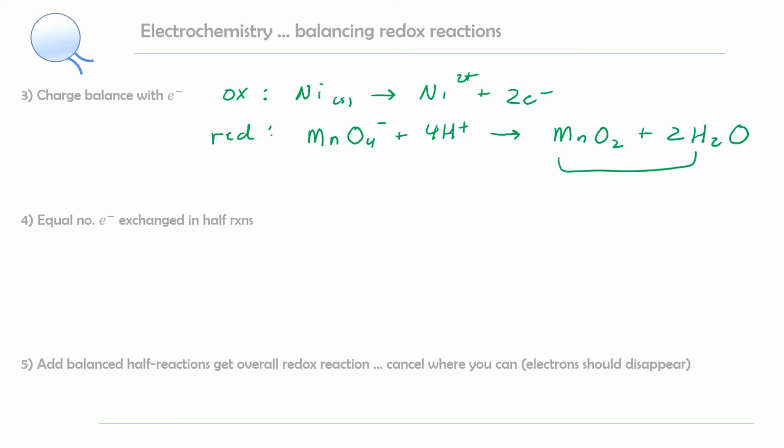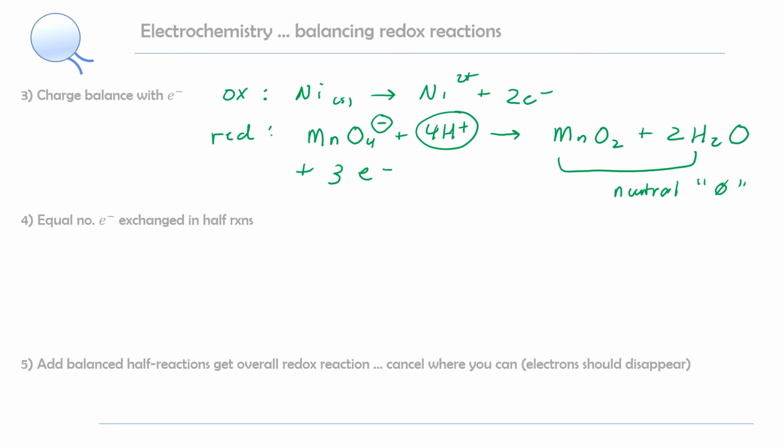Currently on the right, everything is neutral. It's 0. So I need to add enough electrons over here to get to neutral. I have a -1 charge and I have 4 positive charges there. So notice I'm going to have to add 3 electrons to get charge balance. Okay, so I have successfully balanced my 2 half reactions with respect to mass and charge.